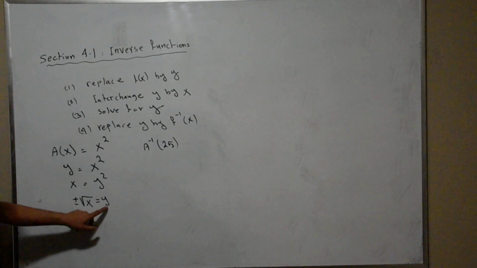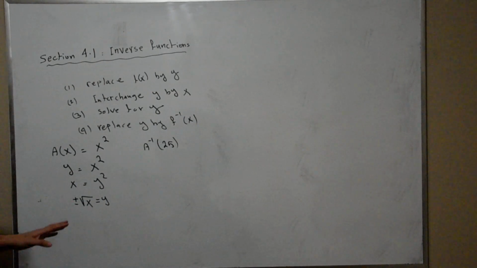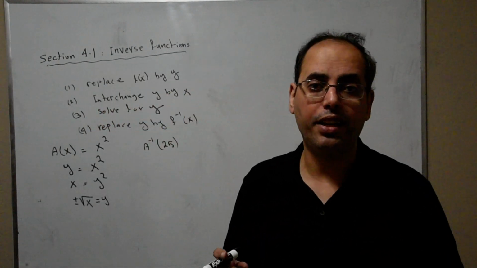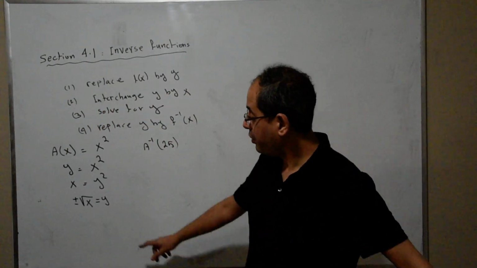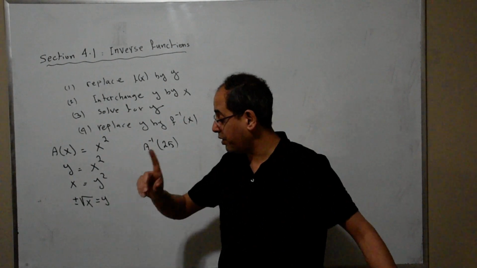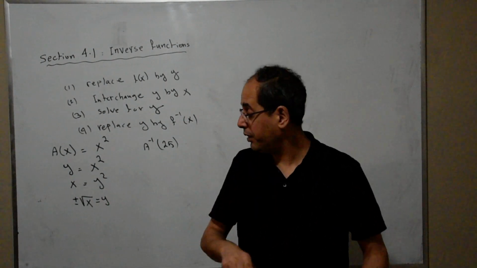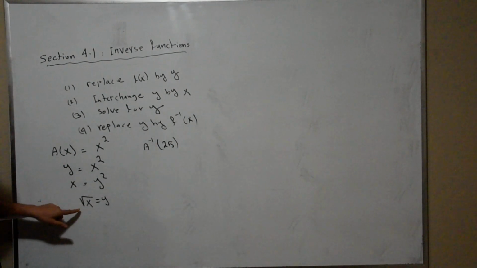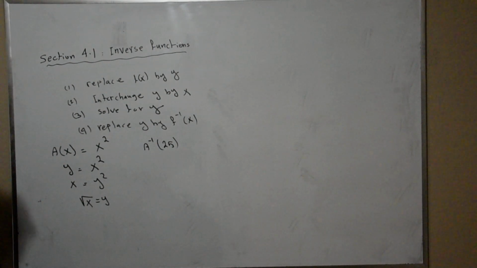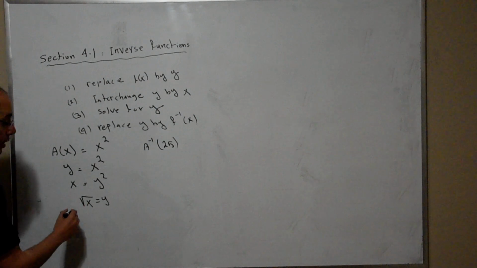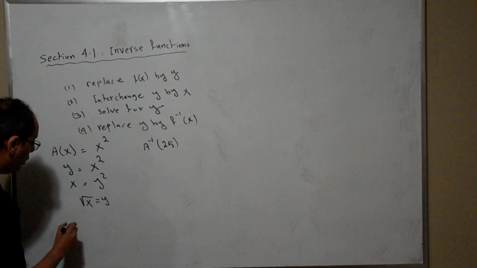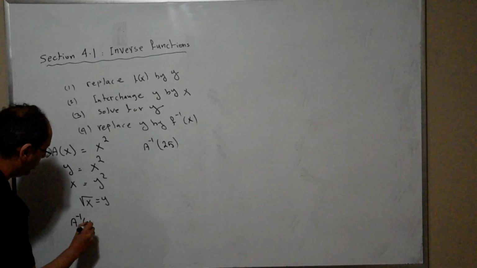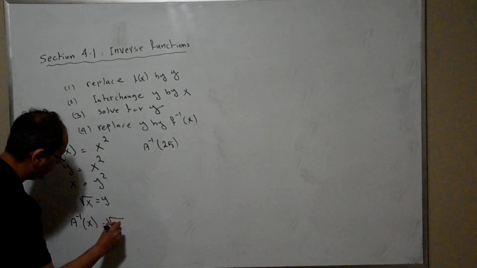That cannot be a function. Okay? And if you think in terms of the area, you can't have a negative area. So in order to make this a proper function, that's number 1, and make it 1 to 1, I have to remove the negative and make only the positive one. So now the function y is the square root of x, which means that the area inverse of x is the square root of x.